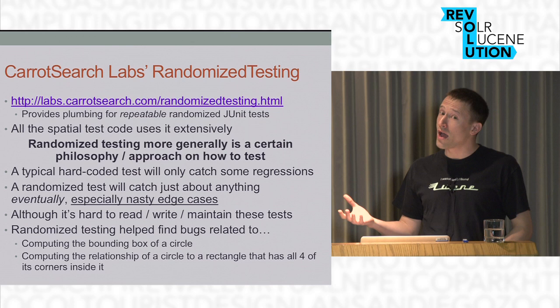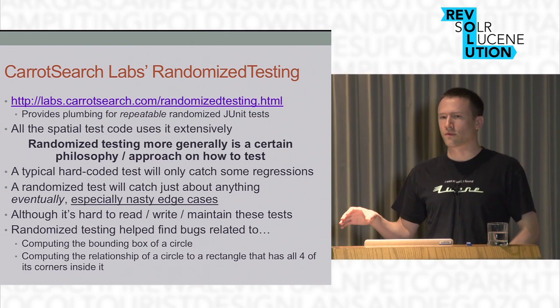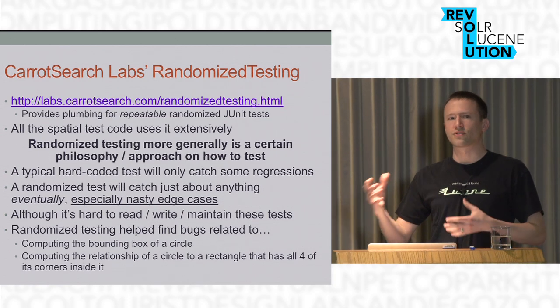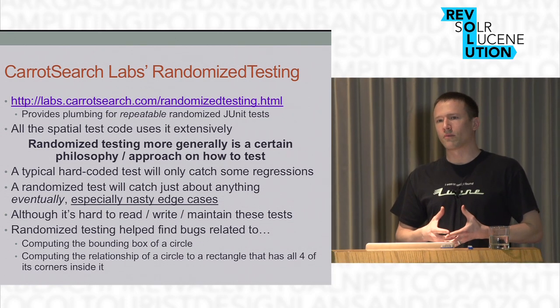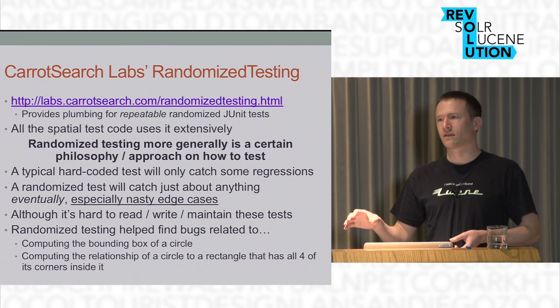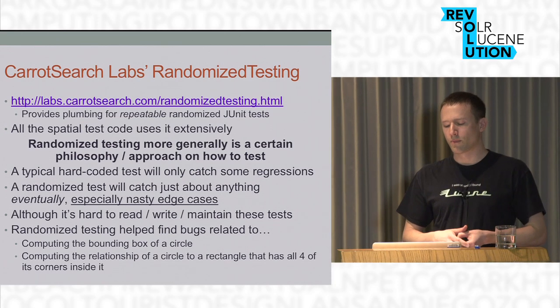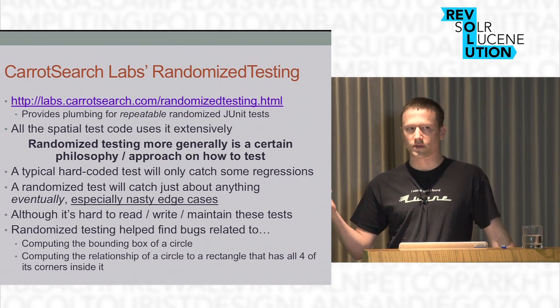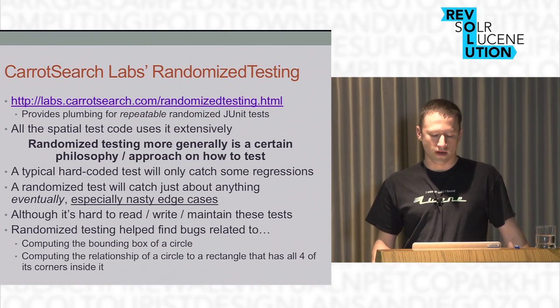You might have some edge cases in mind. You might create particular tests for cases that you want to make sure are covered. But there could be all sorts of interesting edge cases in your code that you wouldn't know about because your static tests didn't cover them. So I'm a big believer in randomized testing, and a good part of Lucene and Solr itself has fully embraced this philosophy, because I've caught some weird bugs.